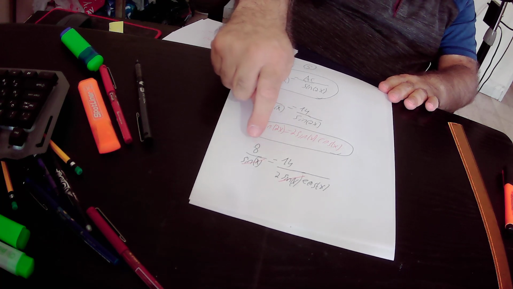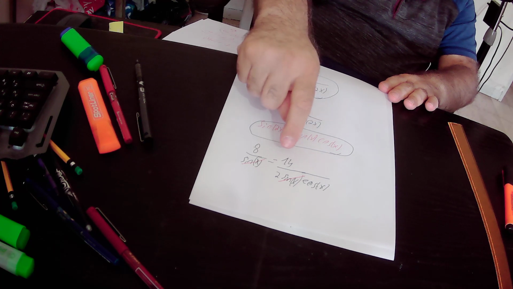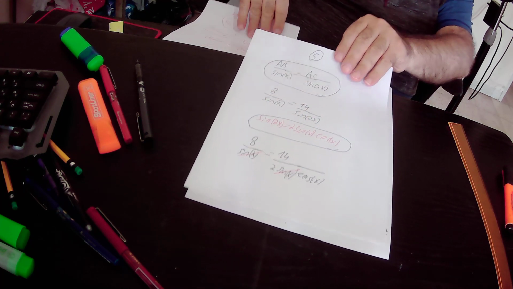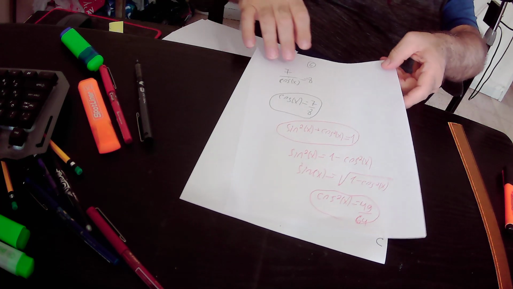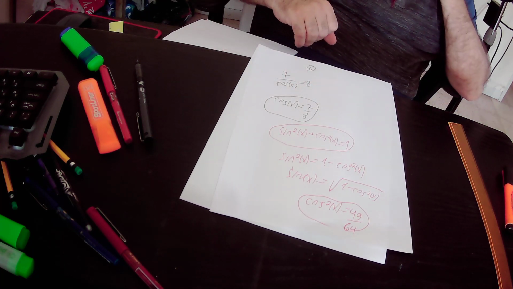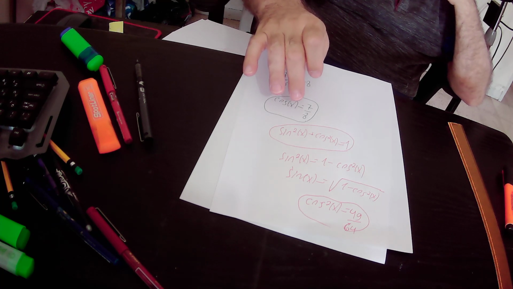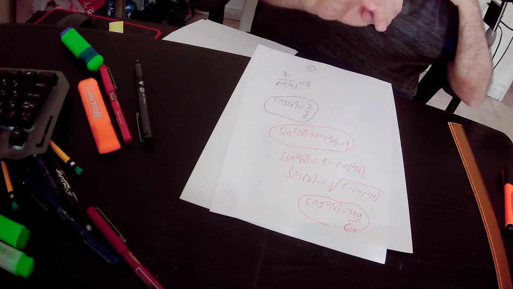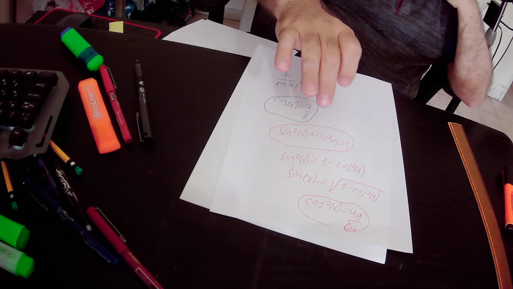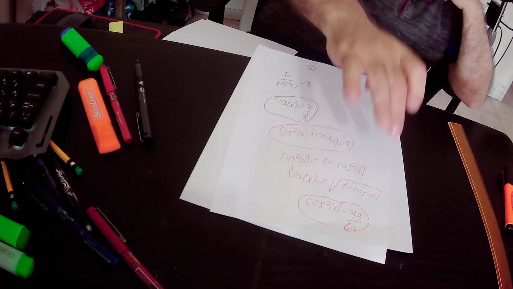From this equality we cancelled sine x because we have sine x on both sides of the equation, and we found that cosine x equals 7 over 8. Then we have the trigonometric identity that sine square x plus cosine square x equals 1. From this identity we got that sine x equals the root of 1 minus cosine square x.